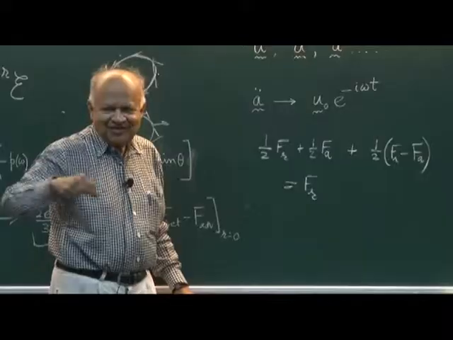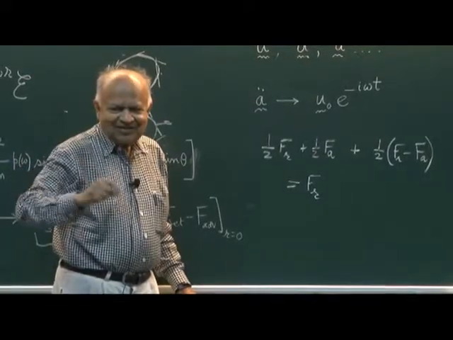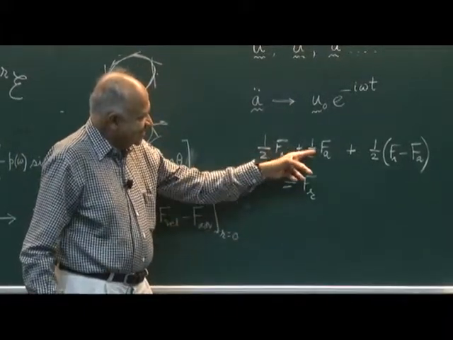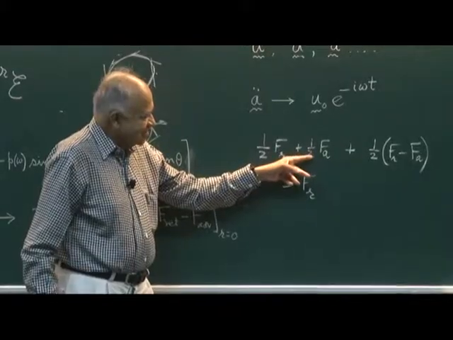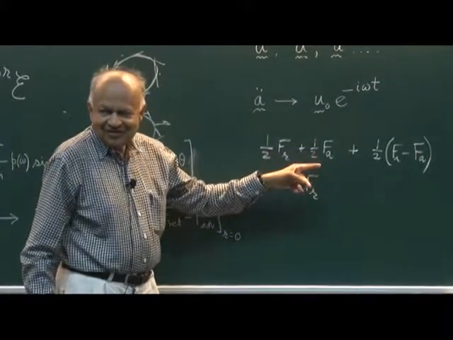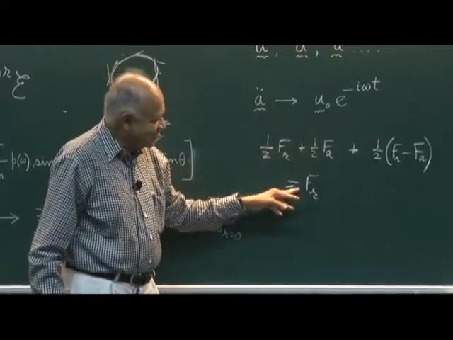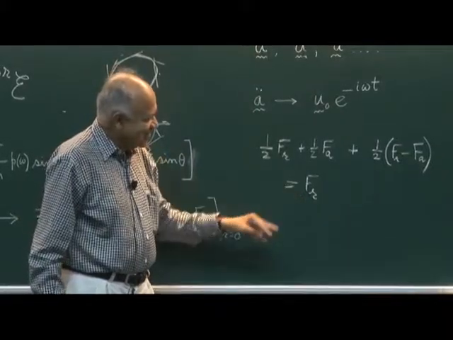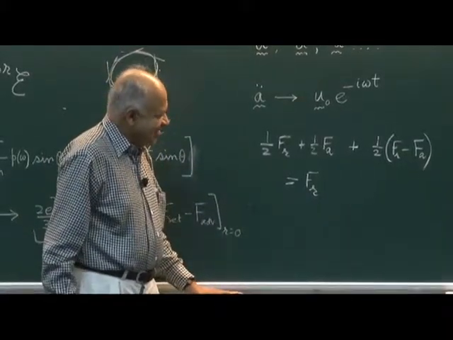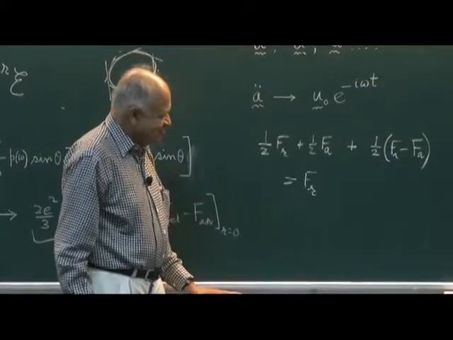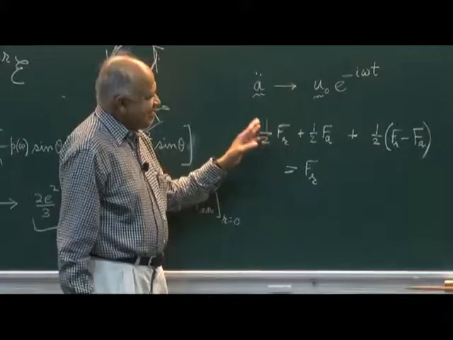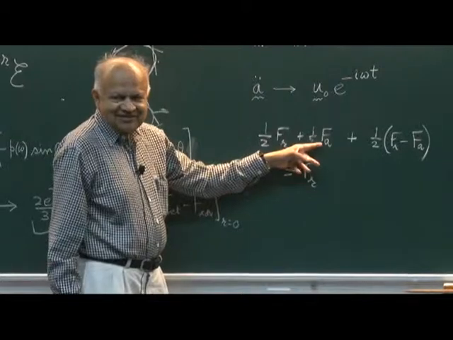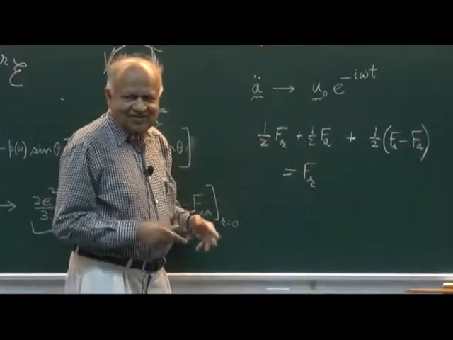You throw away the advanced field because they are not consistent with what we are explaining. In the case of action at a distance, you cannot throw away the advanced field, they have to disappear somehow, and that is how they have disappeared and you have got what you wanted, apparently. So, Wheeler and Feynman then realized that they had missed out a possibility, that since everything is time symmetric, you can repeat the whole argument in which retarded is replaced by advanced and vice versa, because there is nothing to choose.